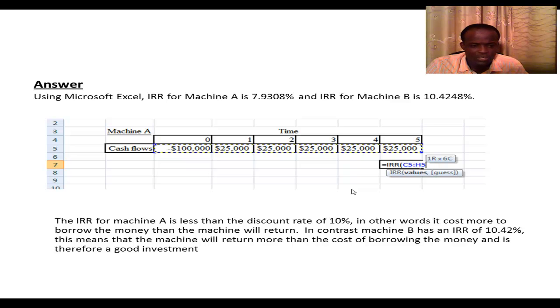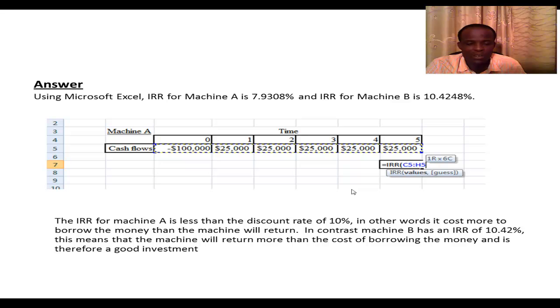So what you do is you slot the values in, or you build a table as you can see in the previous slide, and then you highlight all the cash flows from year 0 to the end, here the 5th year, and then in another row you type equal to IRR, open a bracket, and highlight all the cash flows.